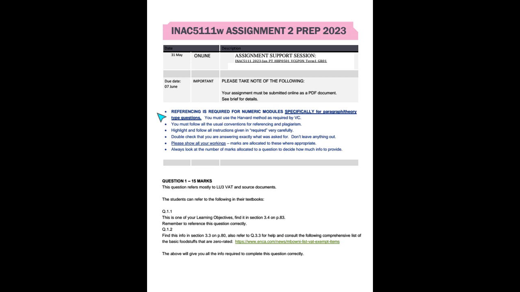So when you finish the question, go back to the required and read it again, and make sure that you have completed everything they've asked for, and that you followed those instructions carefully. The fourth bullet point is along the same lines. Double check that you are answering questions correctly.